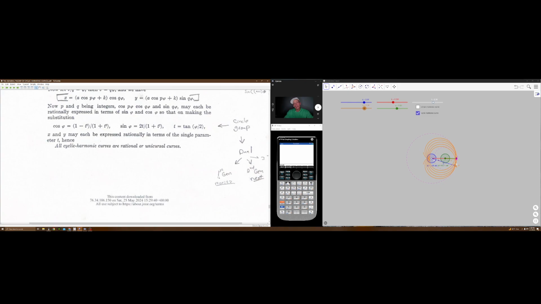Thus, he uses the integer parameterization of the unit circle given by this. Thus saying, he says, hey, I can take some circles, I can map points of those circles to these objects called the cyclic harmonic curves. And these cyclic harmonic curves are either rational or unicursal curves.